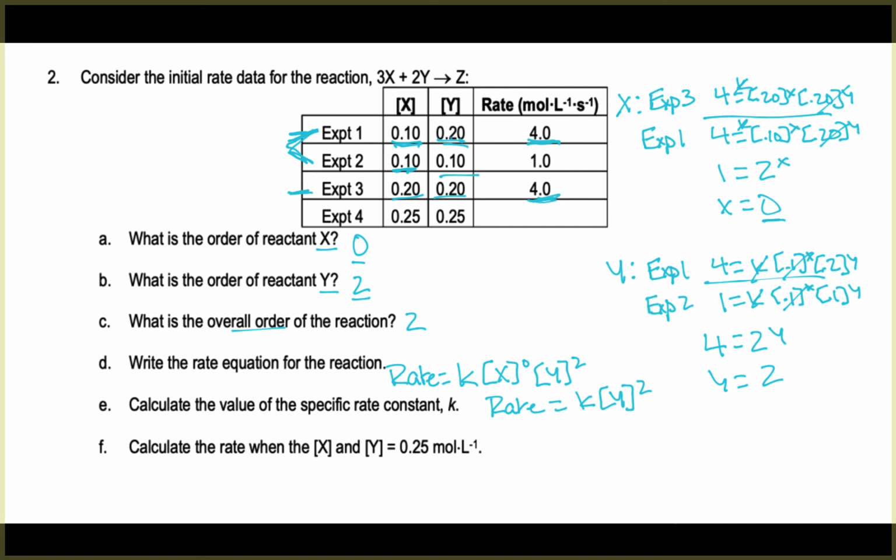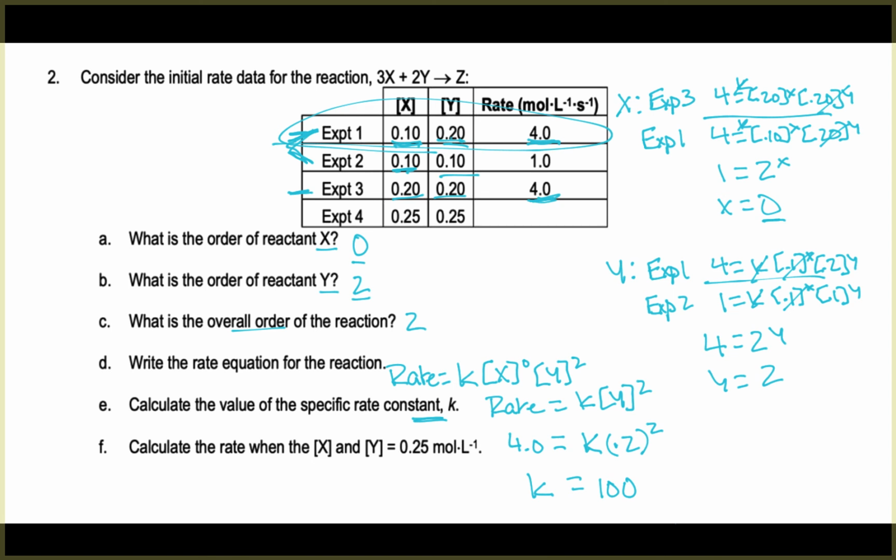Okay, next thing, we're solving for k. So we're going to pick one of those experiments. So I'm just going to, again, pick this first one. So the rate is 4.0 equals k times 0.2 to the second. So k equals 100.